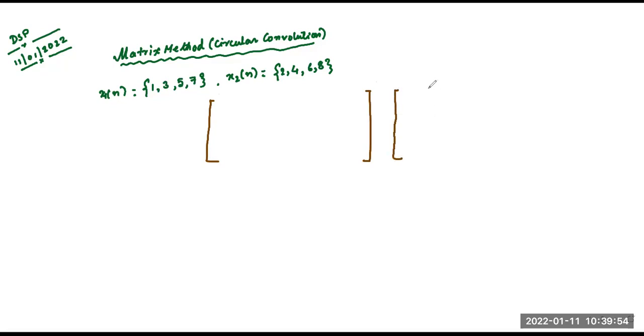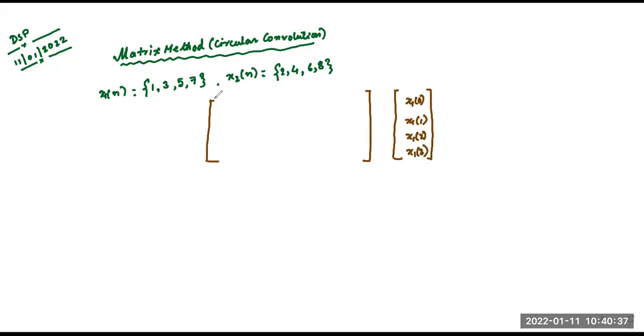The single-column matrix will consist of the first sequence, that means x10, x11, x12, and x13. Sorry, very sorry. This will be the single matrix.